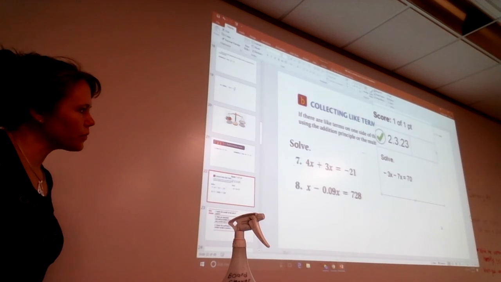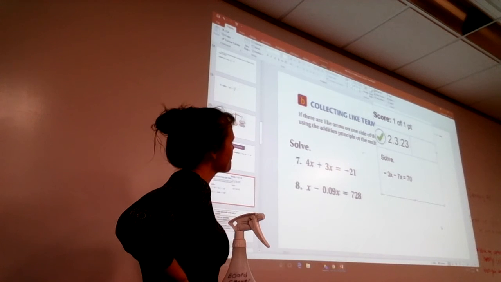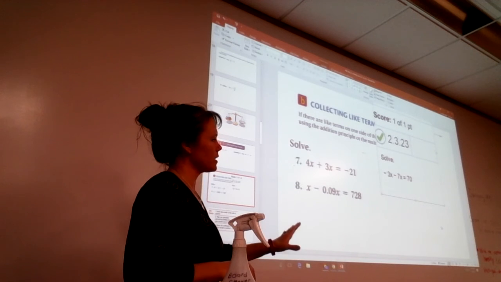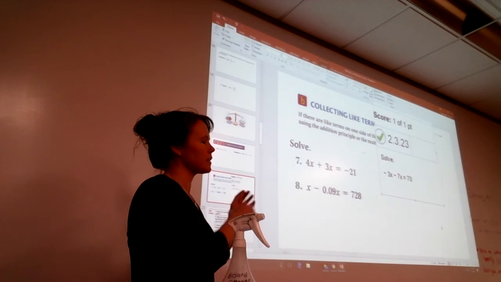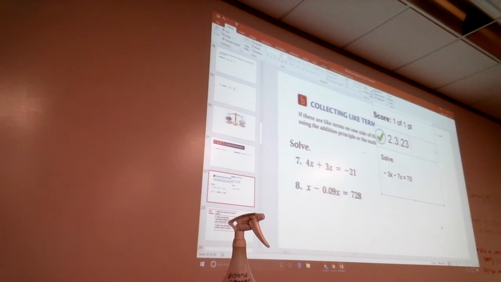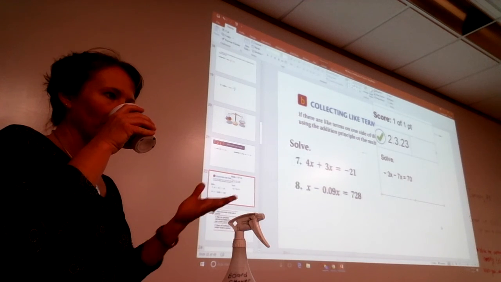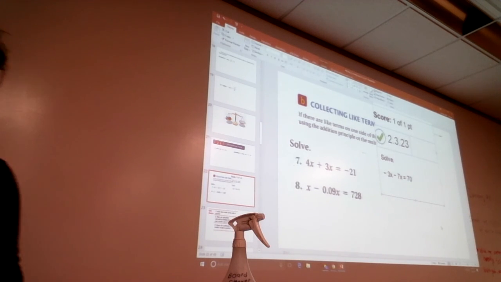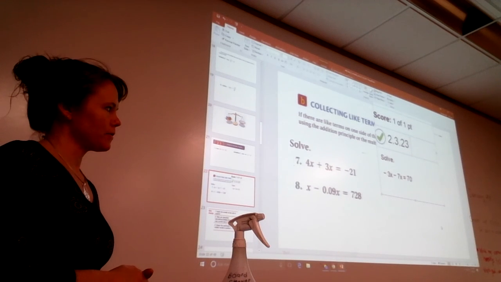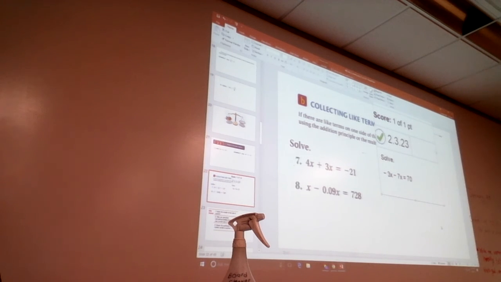So it's negative 3x minus 7x equals 70. We started out with one like this, and this is like the one that he asked about actually. You can see the topic listed above there, collecting like terms. Yeah, I was having problems with that on my homework. We're doing the right thing then, good. Okay, so jot this down. I'll try to be quiet for a second so you can try it.